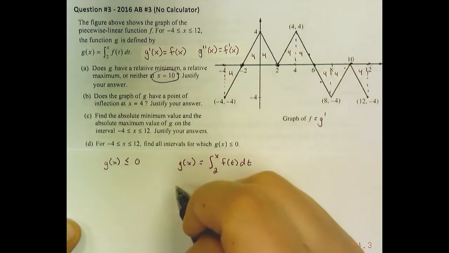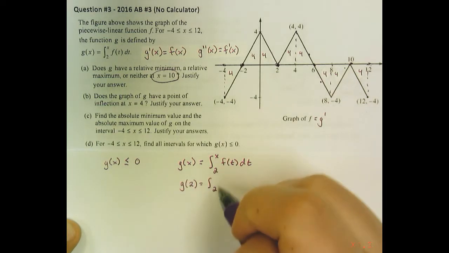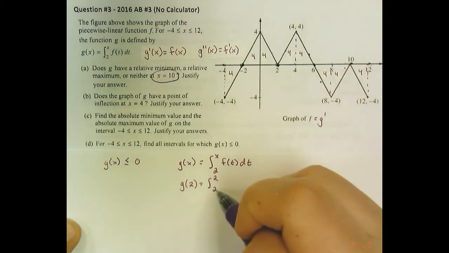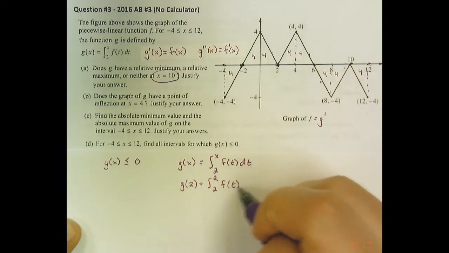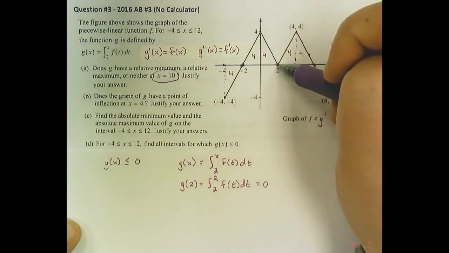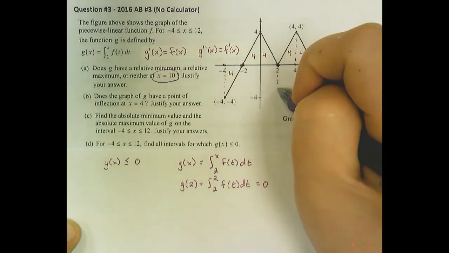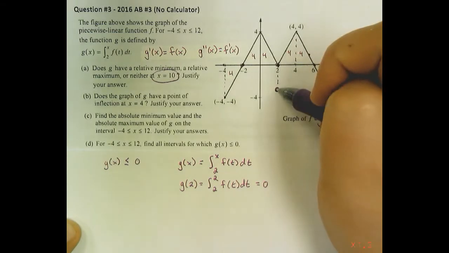So if I were to evaluate g of 2, that would be the same as saying what is the area enclosed between x equals 2 and x equals 2 for the function, which is obviously 0 because you've enclosed no area. So starting at 2, the value of g is 0. So I'm just going to put numbers down here to represent that value.